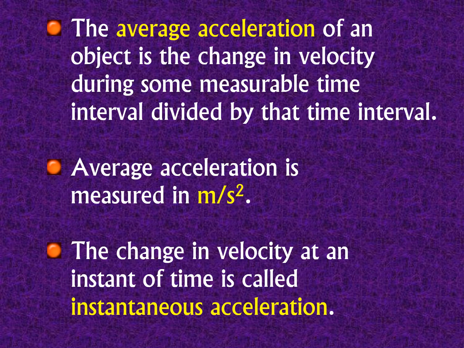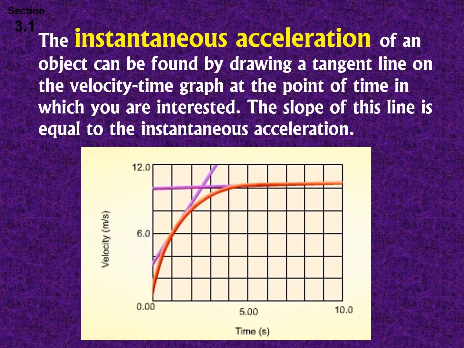Now, the change in velocity at a given instant is called the instantaneous acceleration, and that could be all over the place, just like your instantaneous velocity could be all over the place. So what we usually will be talking about is average acceleration. If I just say acceleration, I'm going to be talking about the average acceleration. Instantaneous acceleration can be taken from a velocity versus time graph as the tangent to the curve at any given point.